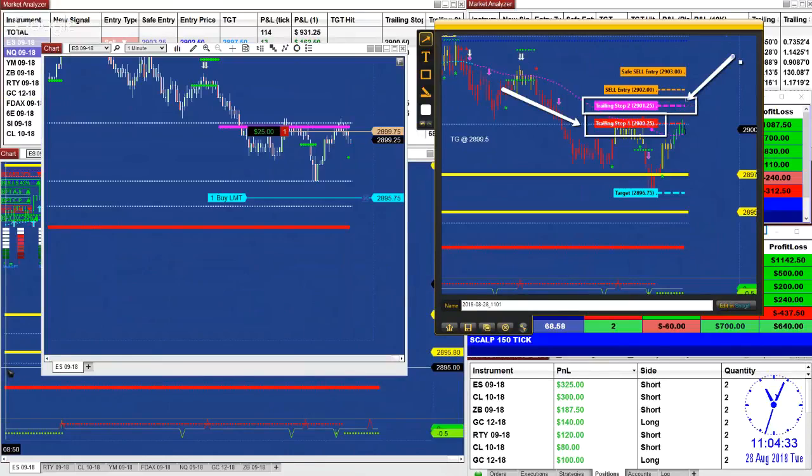This one here is the final point between thinking short or thinking long. Anything above the trailing stop two, the whole momentum in this market has changed direction, and now we are thinking long. We're no longer thinking short, and now we are thinking on the first pullback, re-enter and jump on the market.